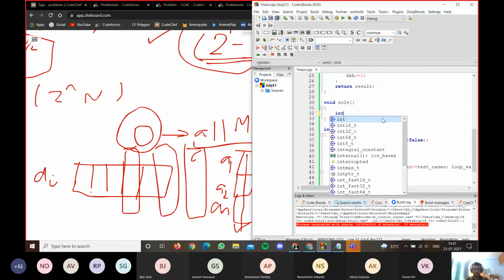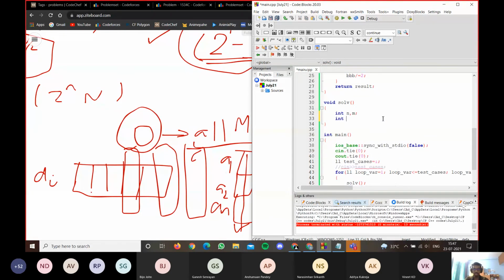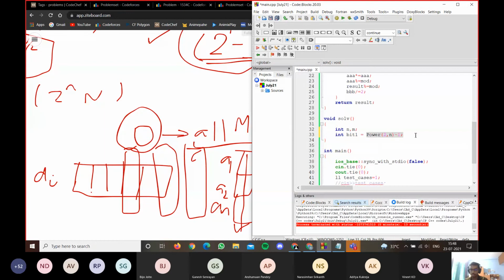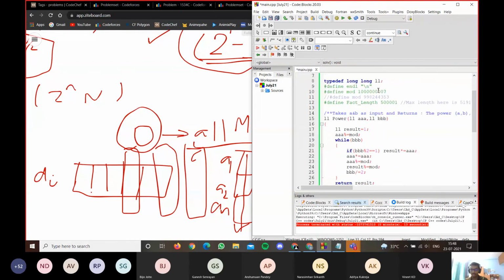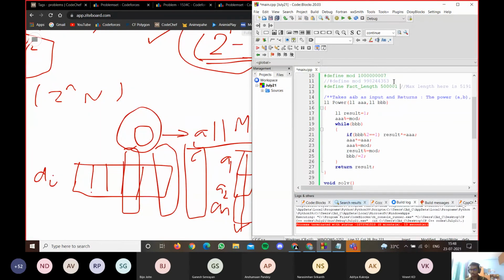So I have to get int n and m from the user, and then first I'll form the 1 bit answer. Bit 1 equals power of 2 comma n, minus 1. And this value is always positive. The reason is power of 2 comma n is even, and even mod the modulus, which is odd, can't give you 0.